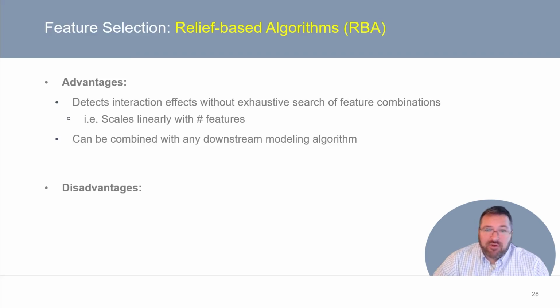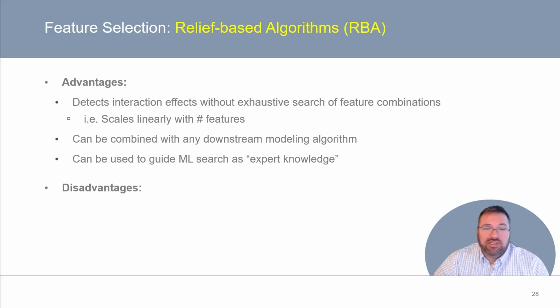Second, as a filter-based method, RBAs can be combined with any downstream modeling algorithm, so that prior feature selection hasn't been based on the assumptions made by any single modeling algorithm. And lastly, RBA feature scores can also be used to guide the machine learning modeling itself by prioritizing the features with the highest scores as a source of statistical expert knowledge.